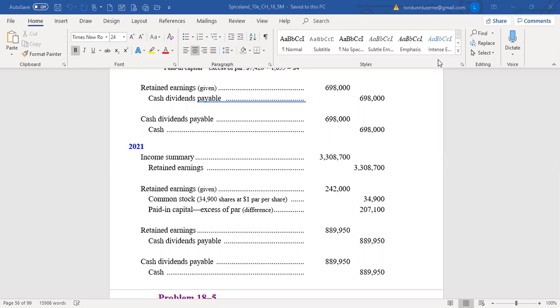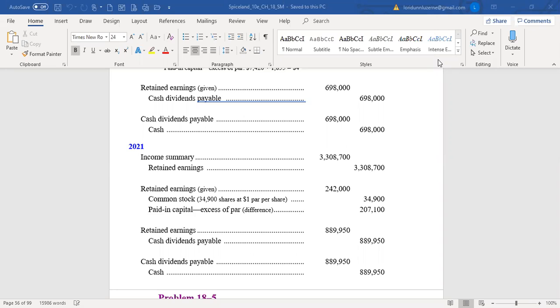November 1st, 2021, the Board of Directors declared a cash dividend of 80 cents per share on its common shares, payable to shareholders of record November 15th, to be paid December 1st. So the first thing you need to remember is that when it comes to dividends, there are 3 key dates. 1, the declaration date, which would be November 1st.